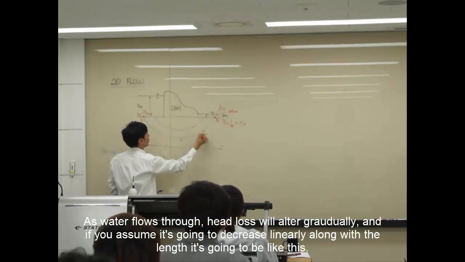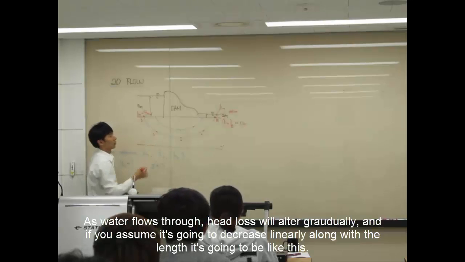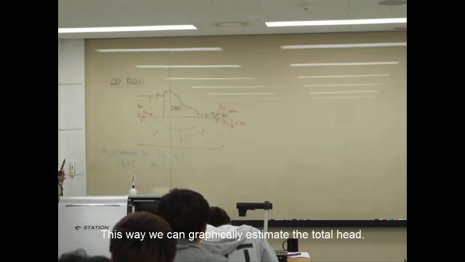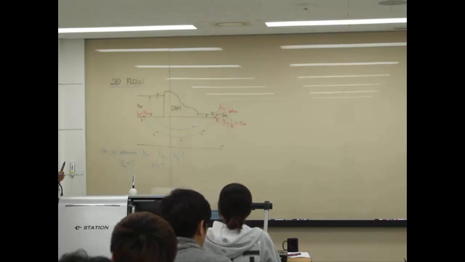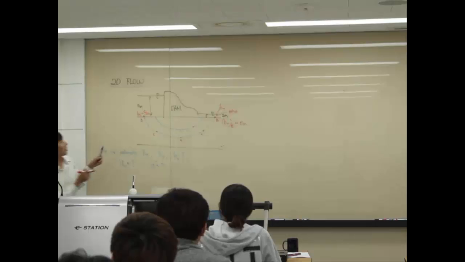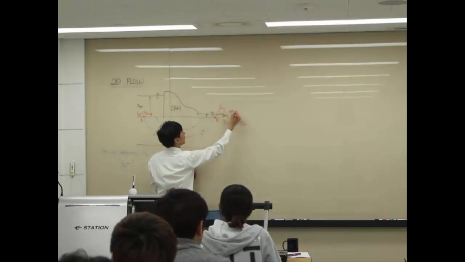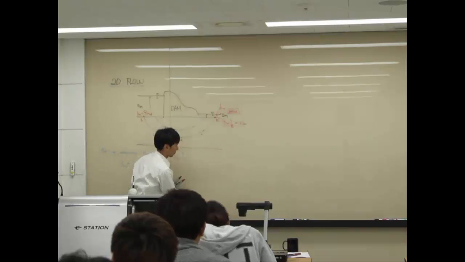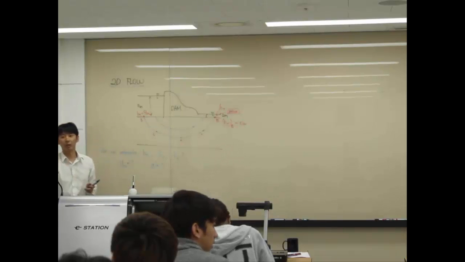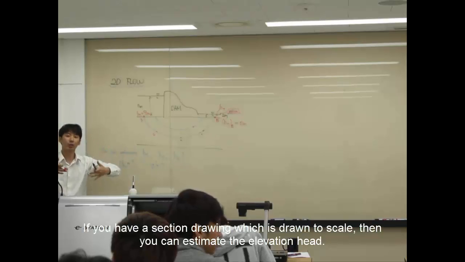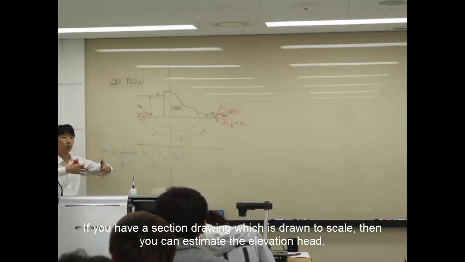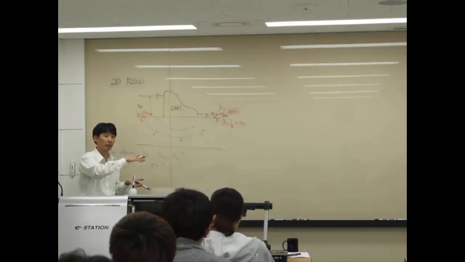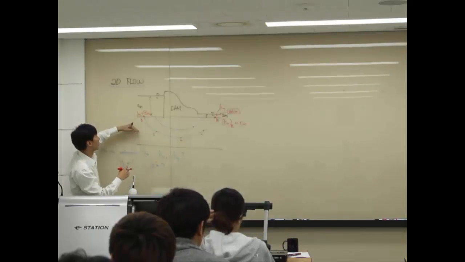So this way you can graphically estimate the total head. And what about the elevation head? If you have a section drawing which is drawn to scale, then you can also estimate the elevation head. Right? So how big is it from the datum?